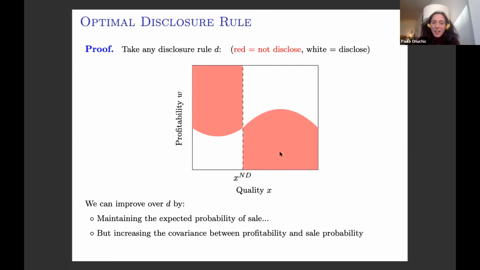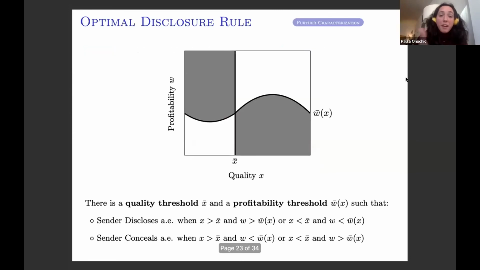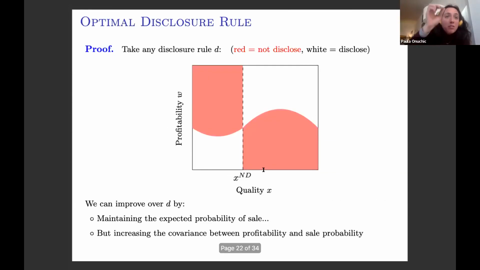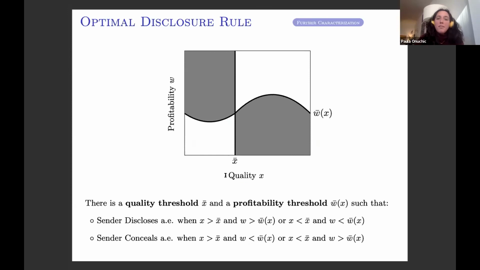So anyway, there you have it. This already has that structure that I told you. There is some threshold W, which can be described by some function, and some threshold X hat, which happens to be exactly equal to that X and D that I told you. So I have this threshold structure whereby I reveal on the first and third quadrant and conceal otherwise.